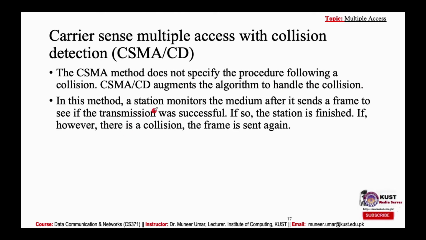In this method, a station monitors the medium after it sends a frame to see if the transmission was successful. If the transmission was successful, then it is considered finished, and if it was not successful, then there would be a collision and the frame is sent again.